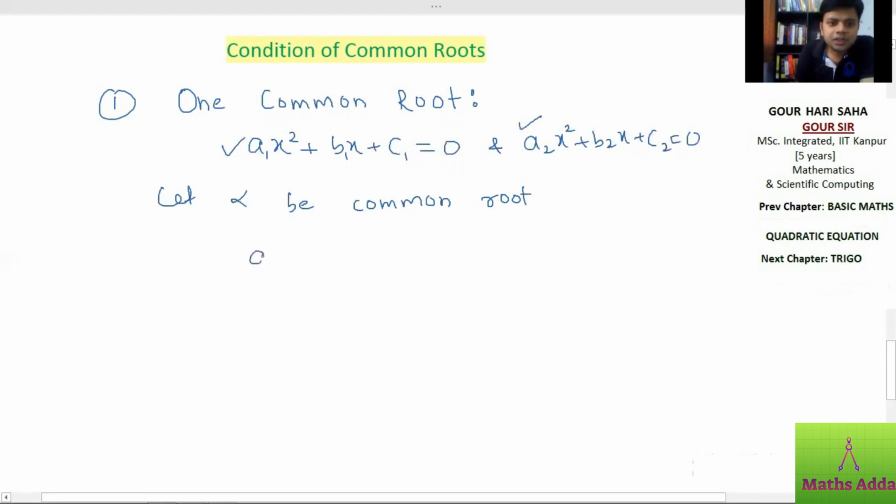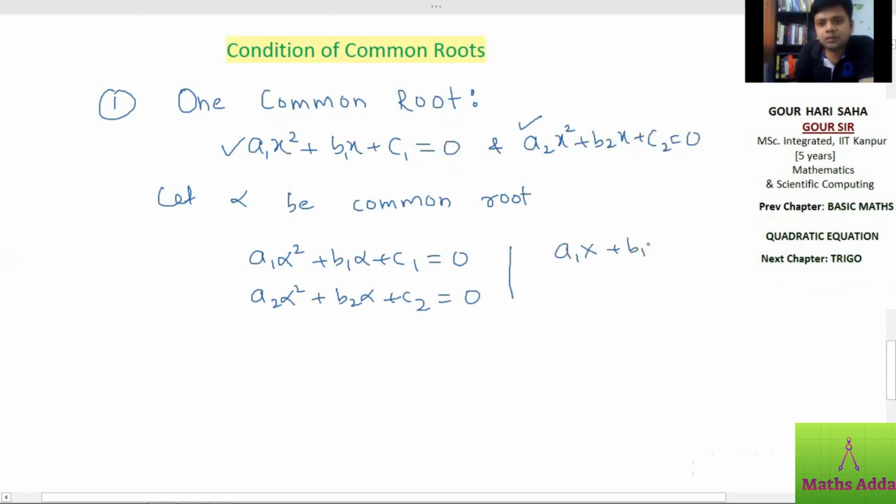So, this means a1 alpha square plus b1 alpha plus c1 equal to 0 as well as a2 alpha square plus b2 alpha plus c2 equal to 0, right. Compare this with a1x plus b1y plus c1 equal to 0, a2x plus b2y plus c2 equal to 0. How do we solve it?